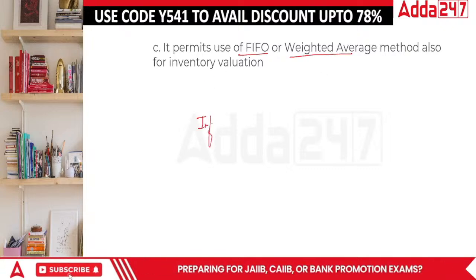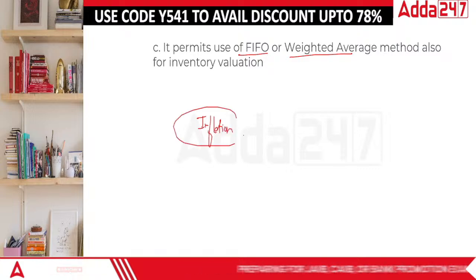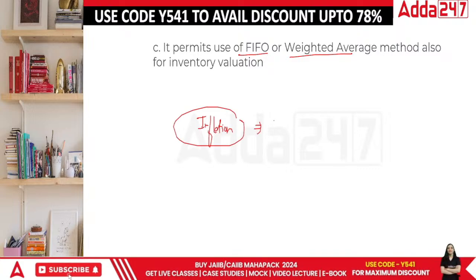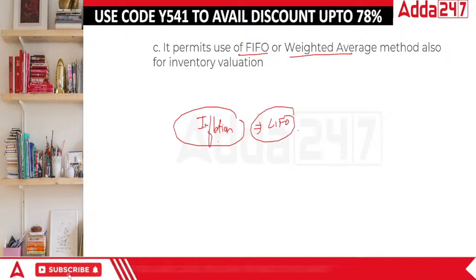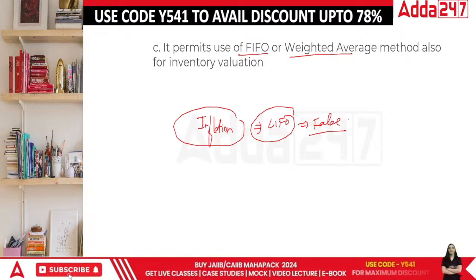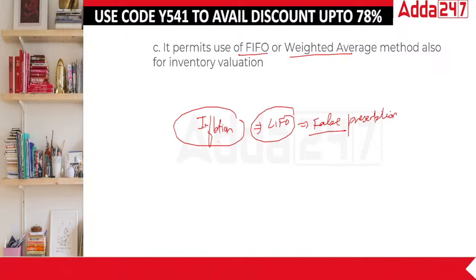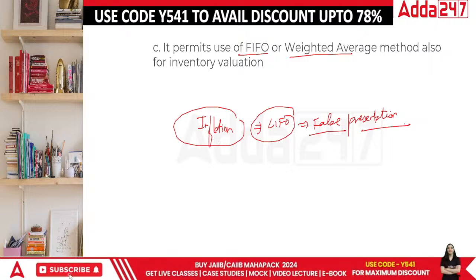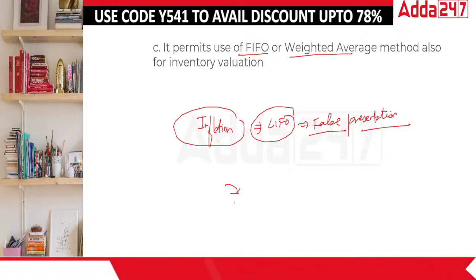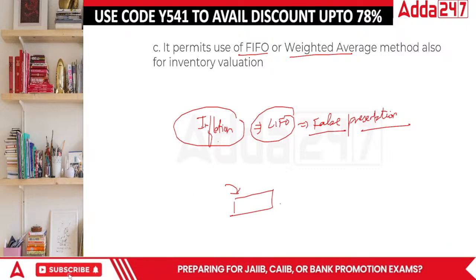Problem is, in terms of inflation, which is a common problem in India, inflation is something which doesn't cover the LIFO method, because LIFO during inflation gives false presentation. I won't say it's fraudulent, but it is just very much exaggerated, which is definitely wrong. Think, if we talk about the money which is going out, LIFO is what? Last in, first out. The last good that went out, due to inflation, its value was too high.